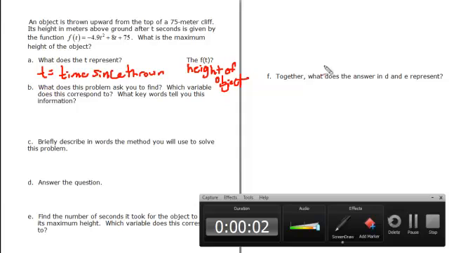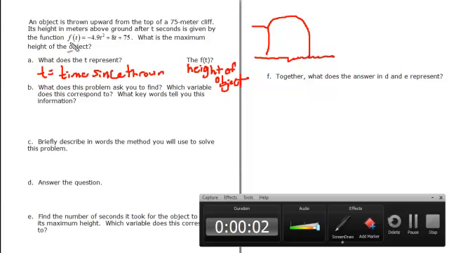And if we draw a picture, we have our cliff here, the thing's going down, and this is our ground. The cliff is here, and here's our object going down. It's asking us to find what's the maximum height of the object. Now, it started at 75 feet, but theoretically it's been thrown up and it goes higher than 75 feet.